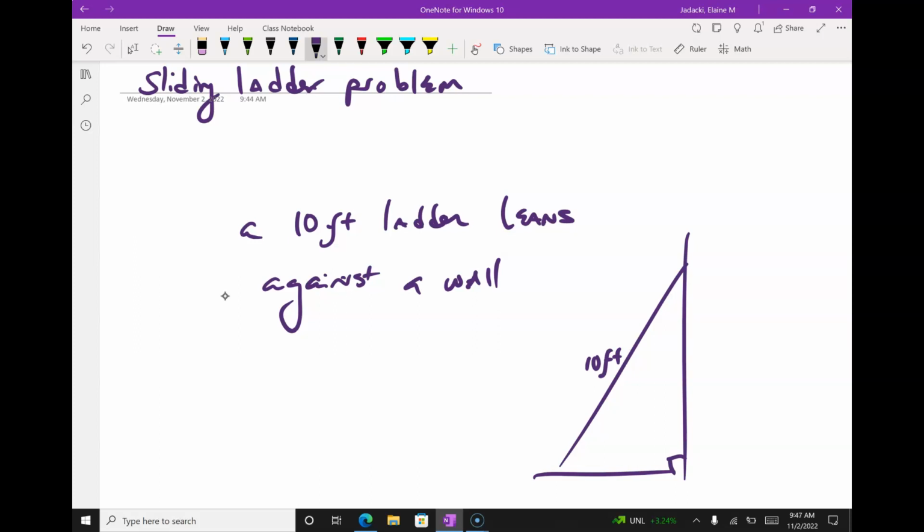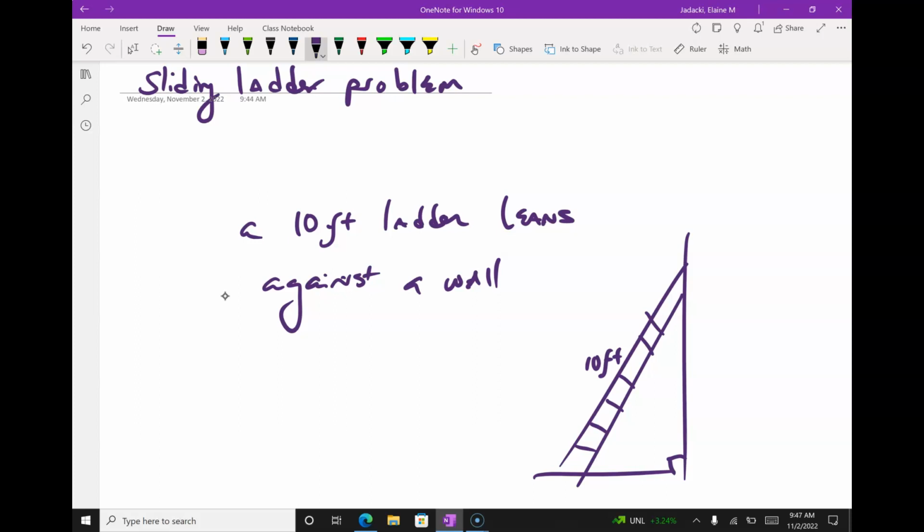There's my 10-foot ladder. I don't really care about it looking like a ladder, but it can. But you see what I'm really looking at here? What's the math involved in this picture? A right triangle, right?